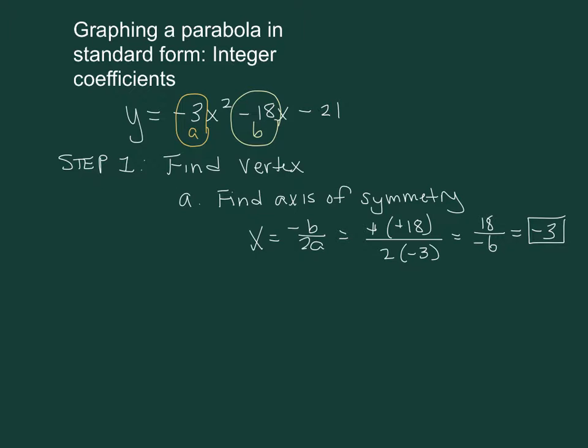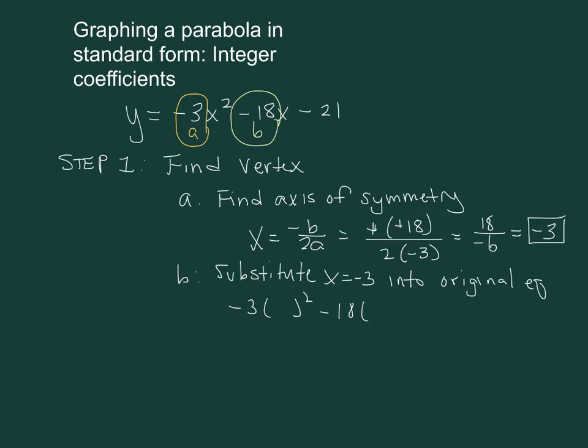And so now what I'm going to do, B, is substitute x equals negative 3 into the original equation. The original equation is negative 3 times x squared minus 18 times x minus 21.